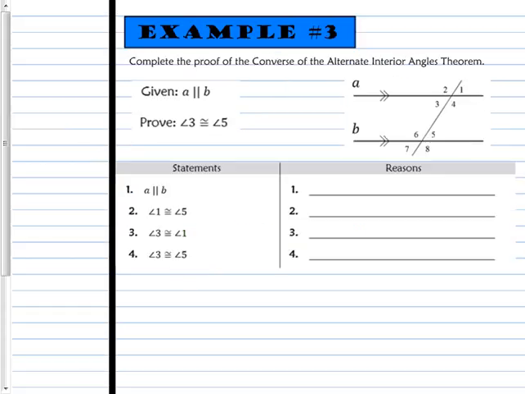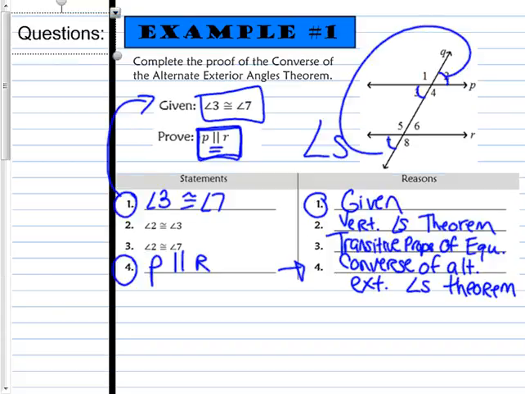Moving on to example 3, we're going to complete the proof. And actually, I'm sorry, there was a mistake here. It should be complete the proof of the alternate interior angles theorem. Okay? If we were proving the converse, we'd be proving that the lines are parallel, just like we did with example 1.